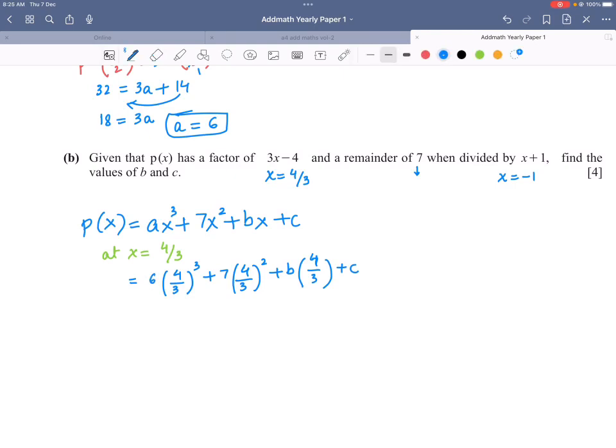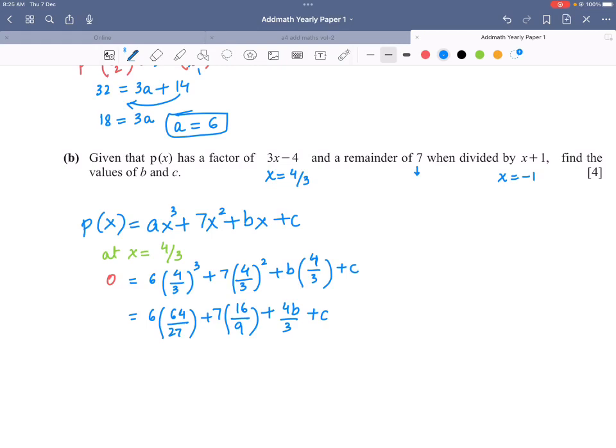And it's a factor, that means the remainder should be equal to 0. Now we need to simplify. 4 cubed is 64, 3 cubed is 27, plus 7, 4 squared is 16, 3 squared is 9, plus 4b/3 plus c. Simplifying further, we can multiply the numbers because they are not cancelling.